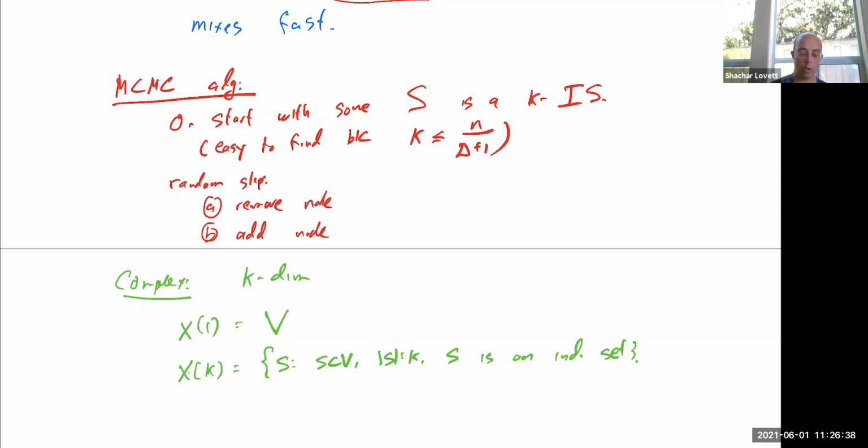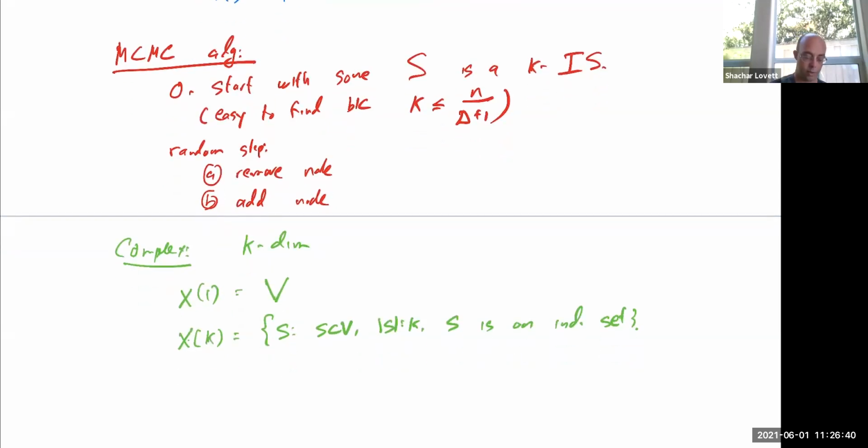So this MC algorithm, the MC update step, is exactly the same as the lower walk. Okay, so all that we did is translate terminology.